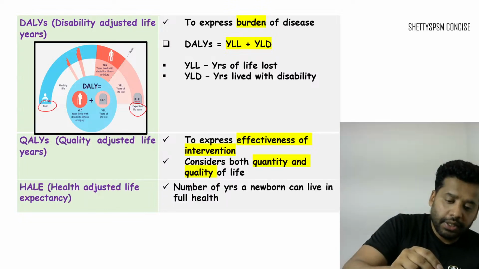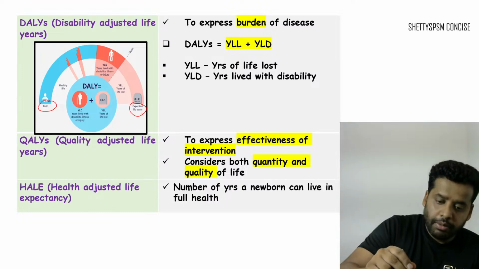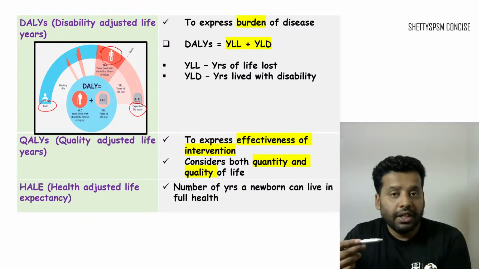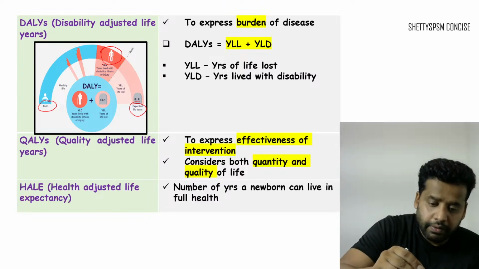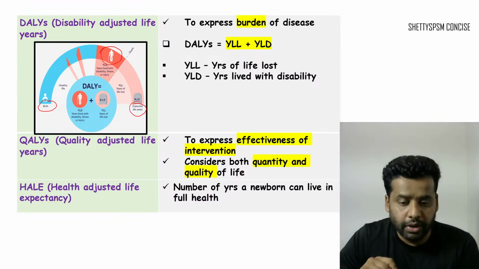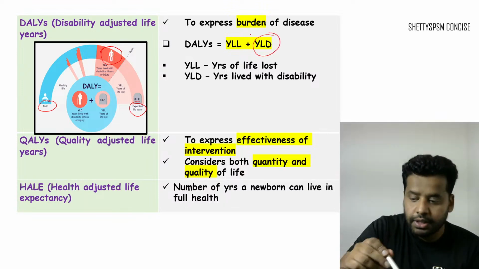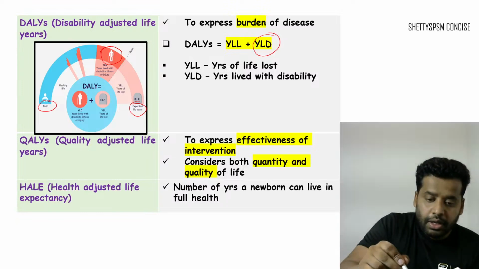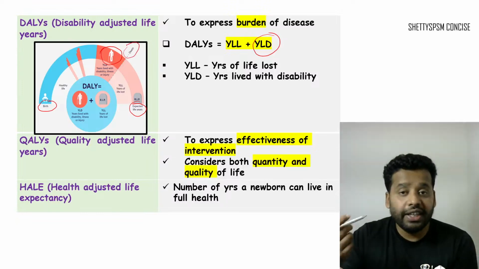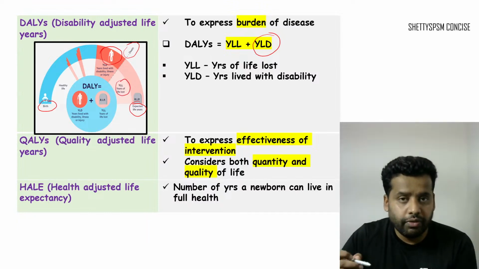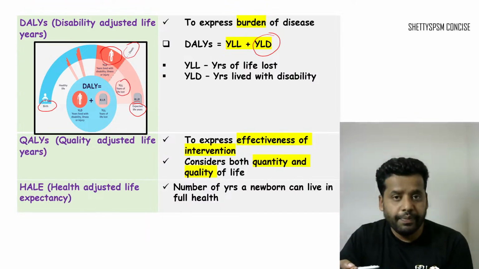If the person is living like this, and in between something happens to the individual, disability starts, and he is living with disability till this point, this is years lived with disability. Death before attaining that standard limit, whatever we lost is years of life lost due to that disease.